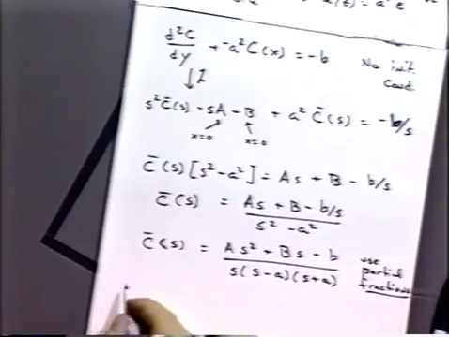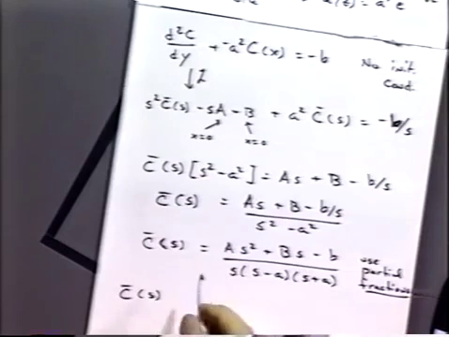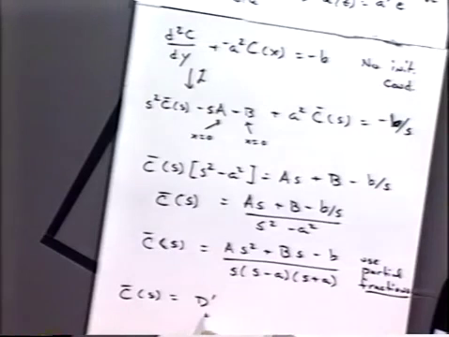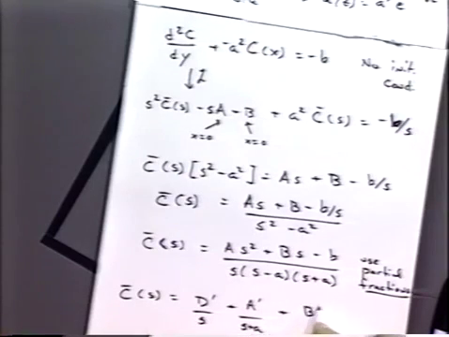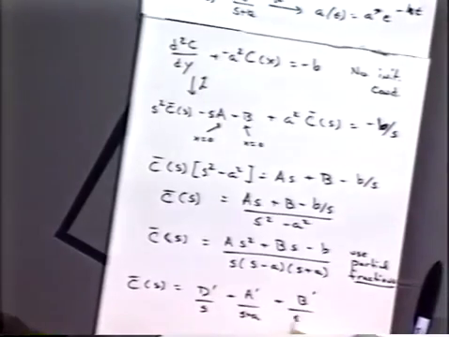But we find that this function c bar s can be made equal to a set of parameters: d prime over s plus a prime over s plus a plus b prime over s minus a.